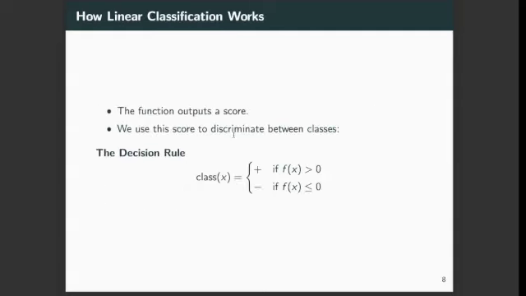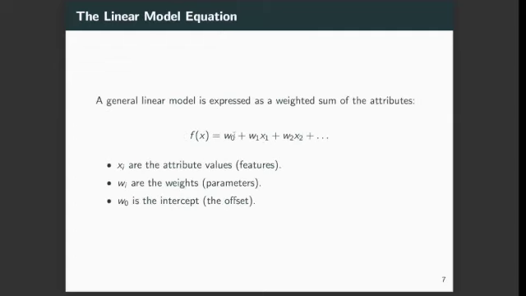So now let us understand how this linear classification works. The function f(x) here may output a certain score. For example, if someone's employment status is either 1 or 0, we put 1 if this person is employed, 0 if not employed, and x2 is the account balance.